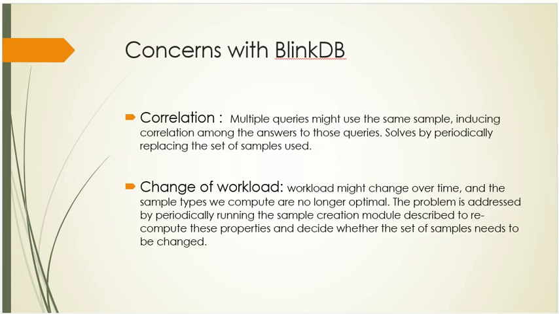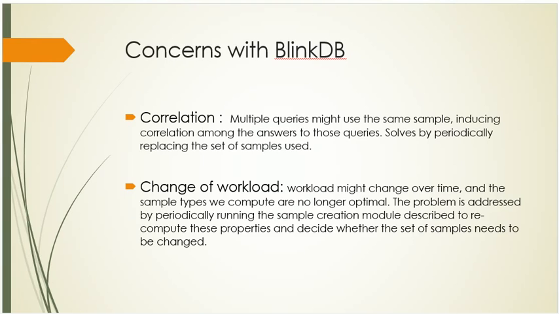Concerns with BlinkDB. One concern with BlinkDB is that multiple queries might use the same sample, inducing correlation among the answers to those queries. For example, if by chance a sample has a higher than expected average value of an aggregation column, then two queries that use the sample and aggregate on that column will both return high answers.